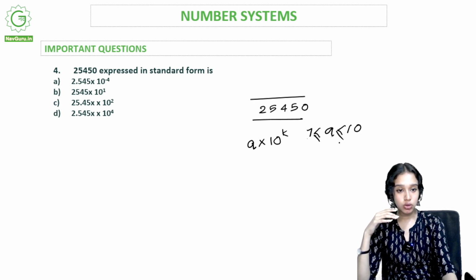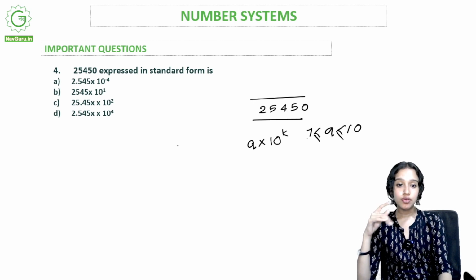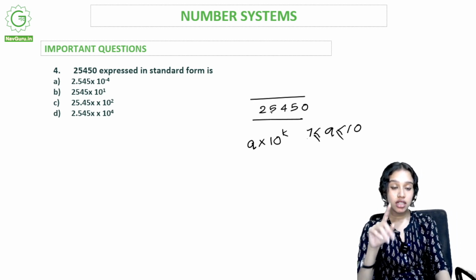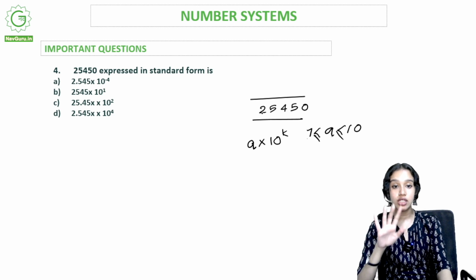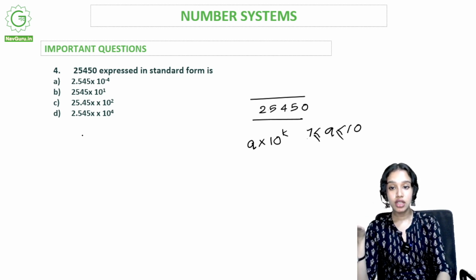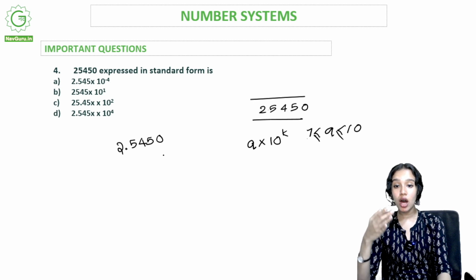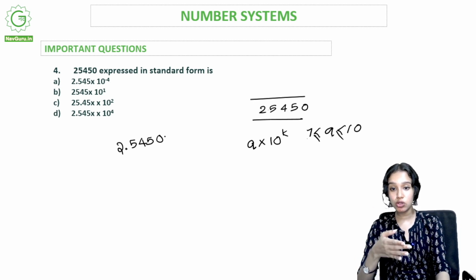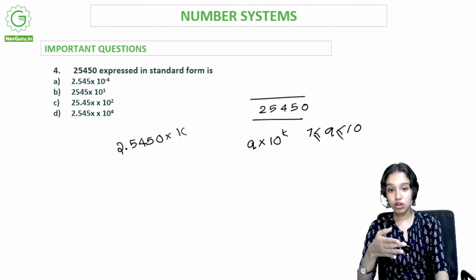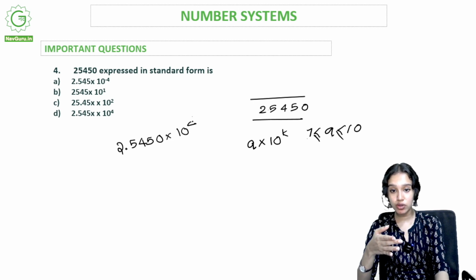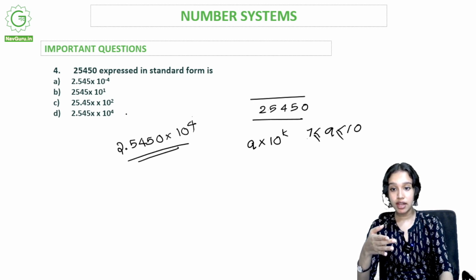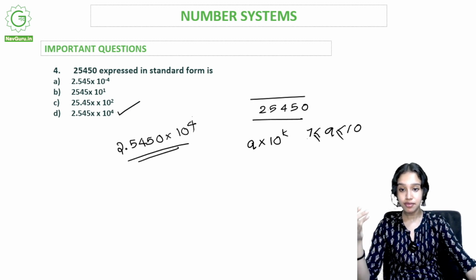There should be an equal to here. So which is the number in between 1 and 10? We choose 2.5450. Now, how many decimal places did we move? We moved 4 decimal places, so we'll put 10 raised to 4 here. And we got the answer D.